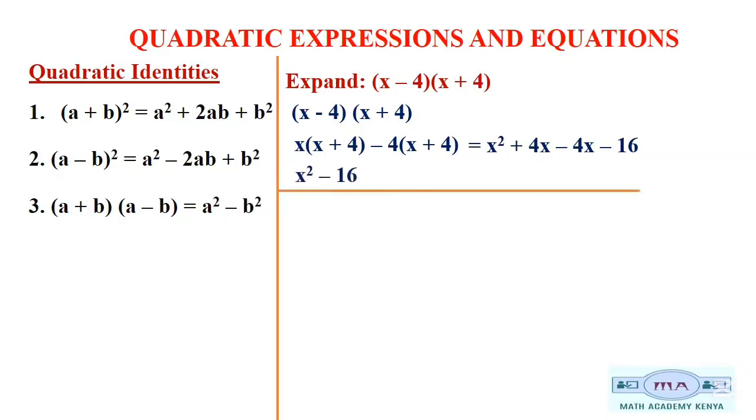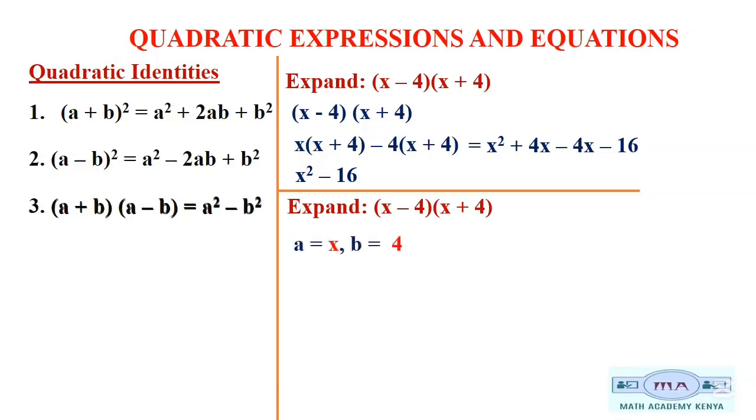Now we try to carry out the expansion using the quadratic identity. You can see that it conforms to quadratic identity number 3. If you are given x minus 4 then x plus 4, or written as x plus 4 then x minus 4, we first identify our variable a to be x and b to be 4.